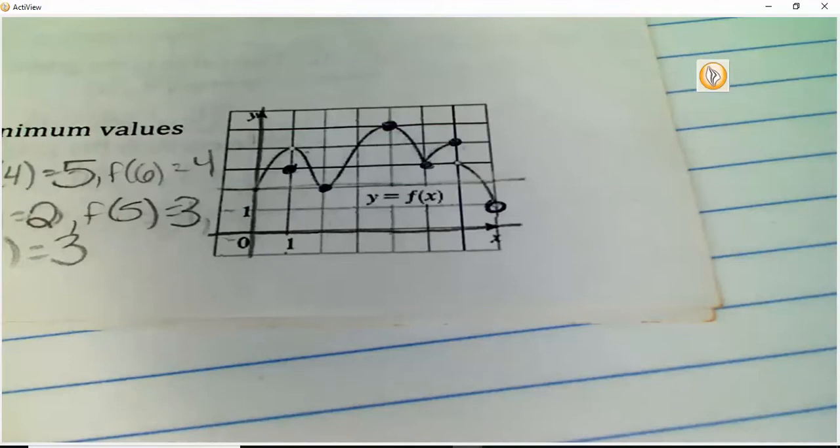And another one at 5, 3. Right there. It can go either way, as long as it's lower than the points on either side.